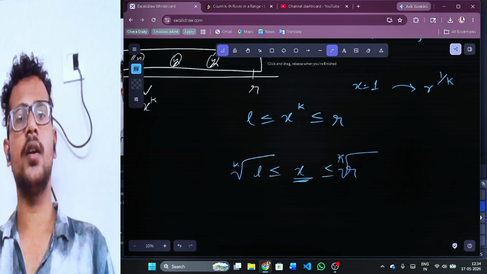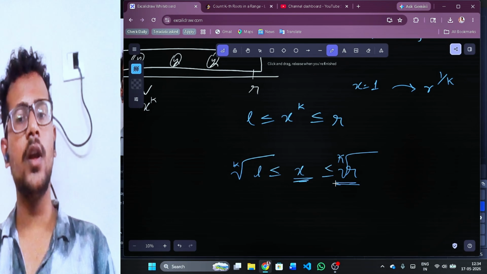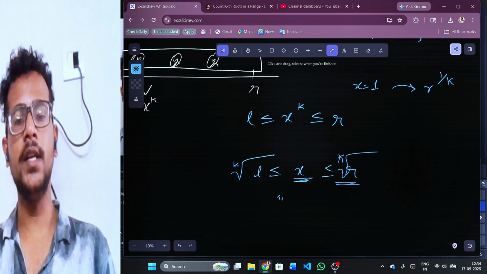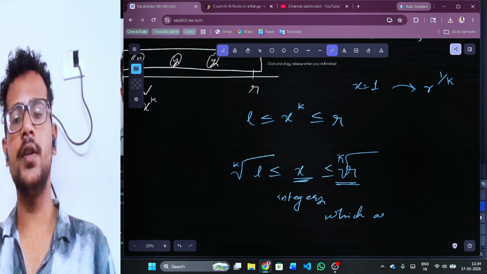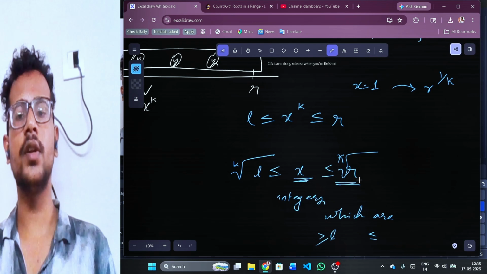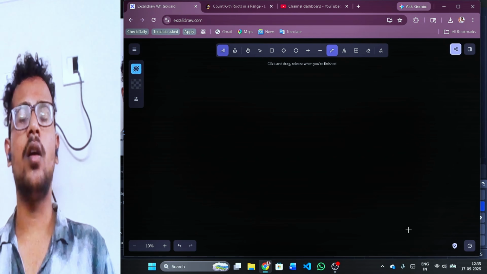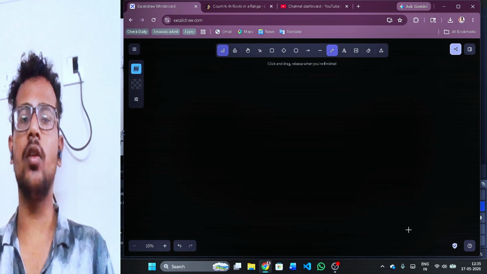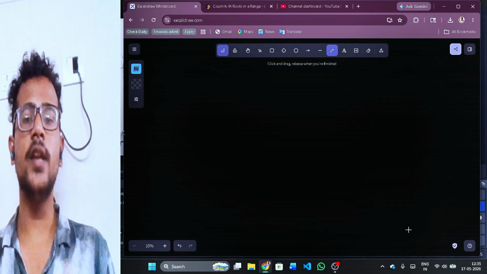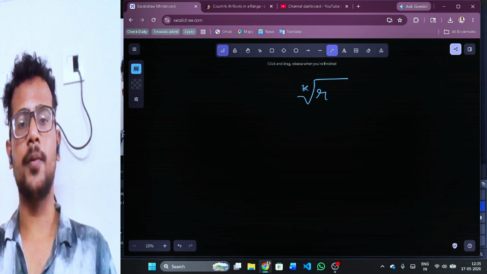So x will be going till the kth root of R. That's it. Count all those integers which are greater than or equal to L and less than or equal to R. So we will not iterate our x to R. Instead, we will iterate till the kth root of R, right?